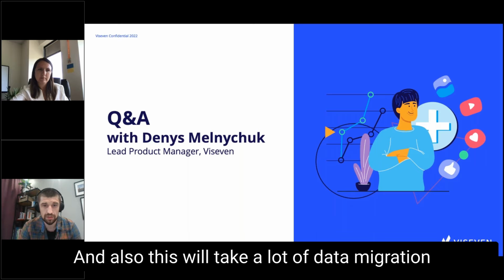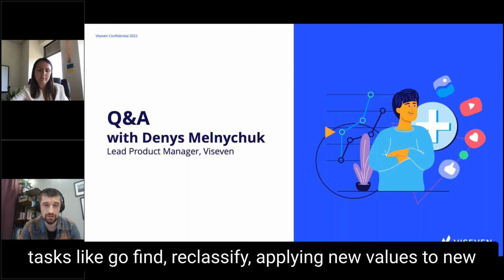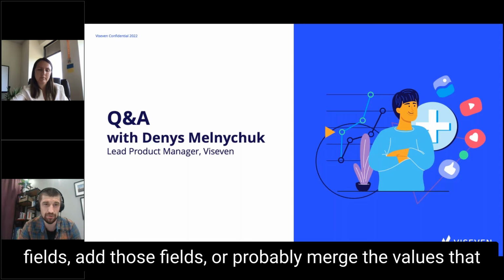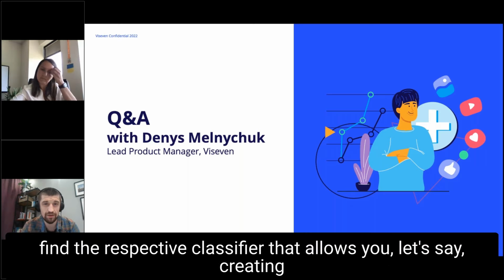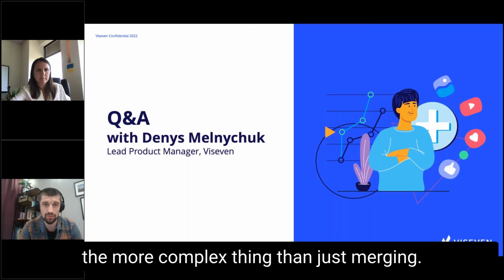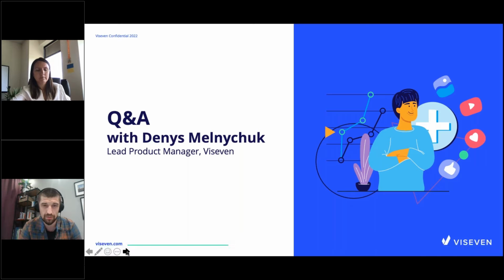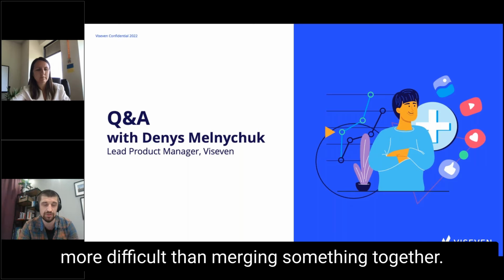And this will also take a lot of data migration tasks: go find, reclassify, apply new values to new fields, add those fields, or merge the values that you had in fields into one, or vice versa, and find the respective classifier that allows you, let's say, to create two options out of one, because in most cases this is more complex than just merging. Merging is easy, and classifying is oftentimes more difficult than merging something together.